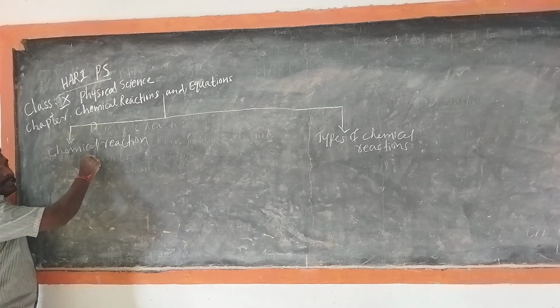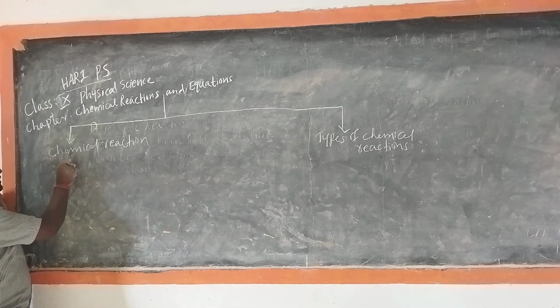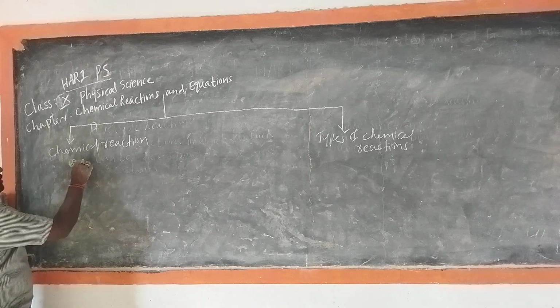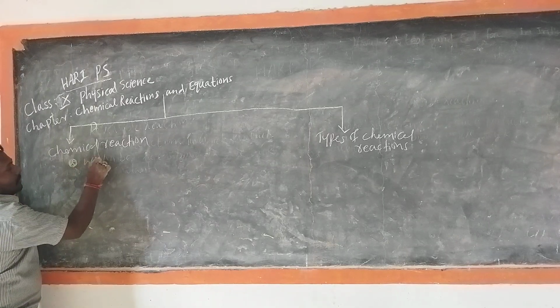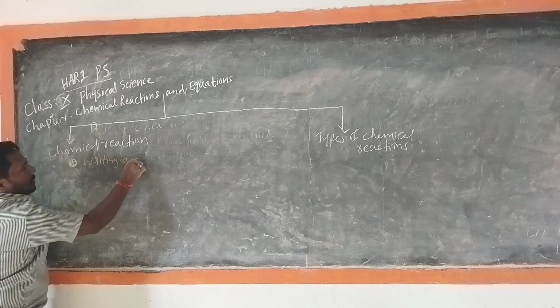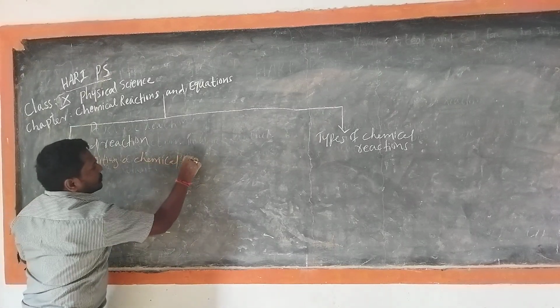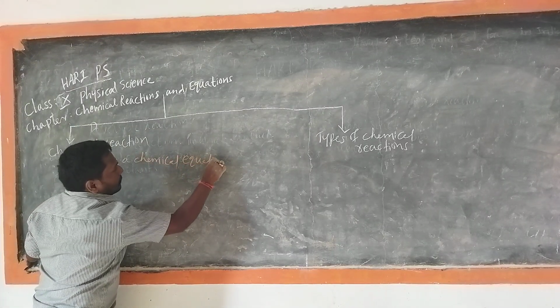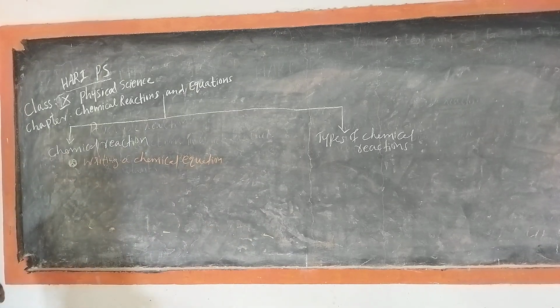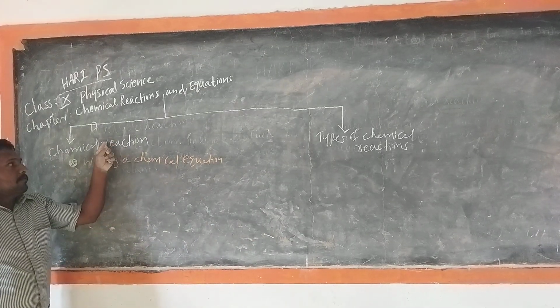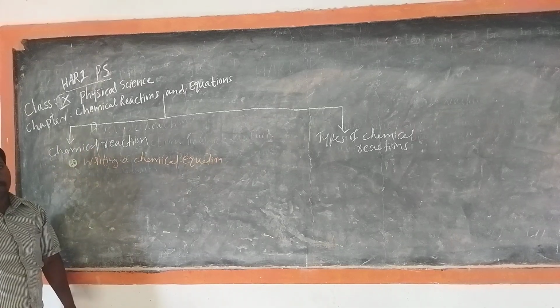Under chemical reaction, we discussed what a chemical reaction is. In that we discussed writing a chemical equation: how do we write a chemical equation for a chemical reaction?